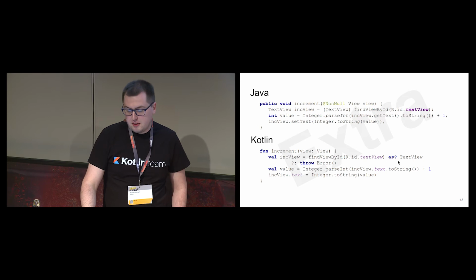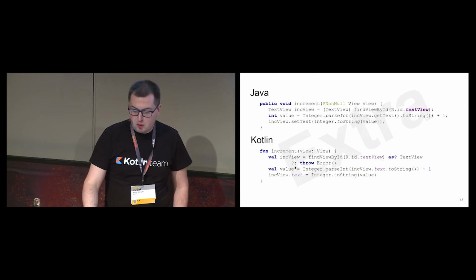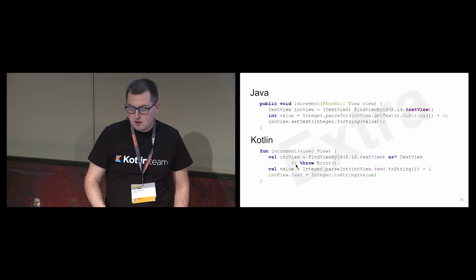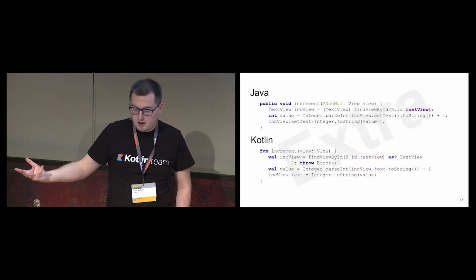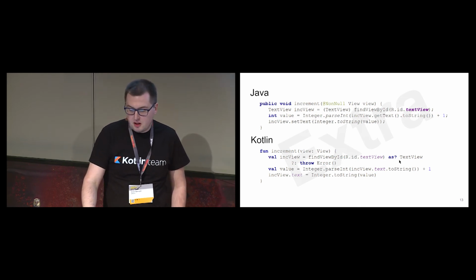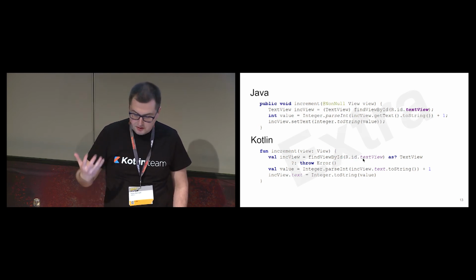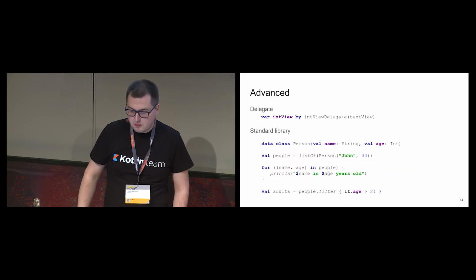And then we have some special syntax to chain these expressions together. So this Elvis operator, as we call it, actually looks at the value on the left, and if it's null, then it executes the expression on the right. So in this particular case, unless the text view is actually a text view, we'll throw an error.